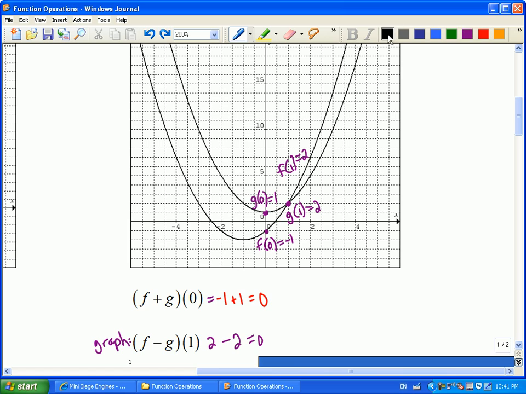Maybe I'll do the final points in black so we can find them. And this would be 2 minus 2, which would have been at 0. I'll let you pick whatever points you want, but see if you can come up with the rest of the graph yourself and connect the dots. Maybe a parabola, maybe a line, could be a constant.